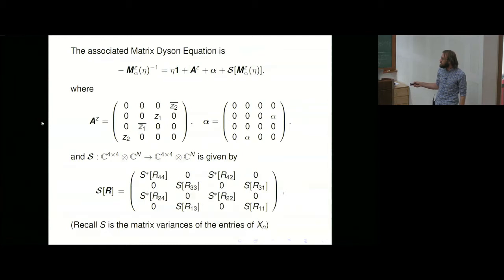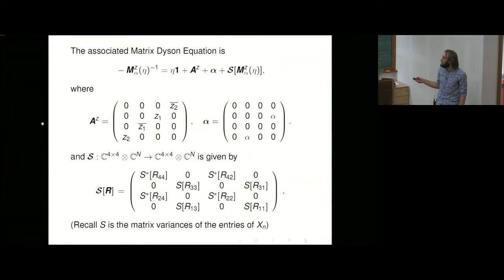And then I take S. S was our variance profile, this matrix whose entries were given by the variances of my corresponding matrix X. I apply S to that vector, and that gives me a new vector, and then I reform that as a diagonal matrix. So once again, I have a block 4x4 matrix where each block is a diagonal matrix.